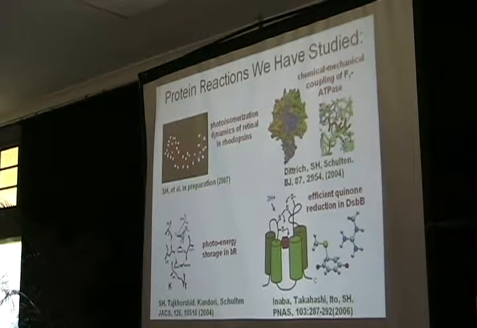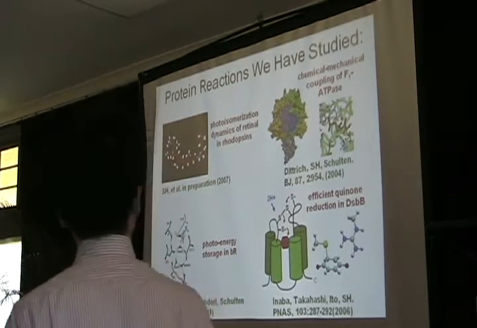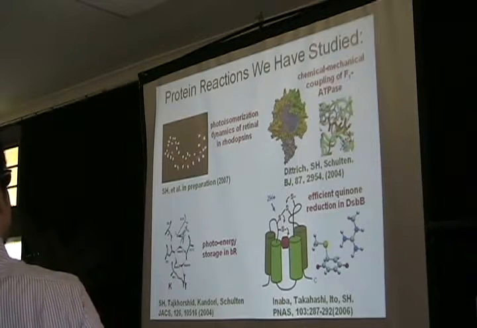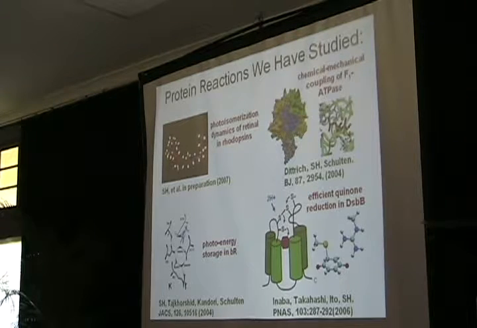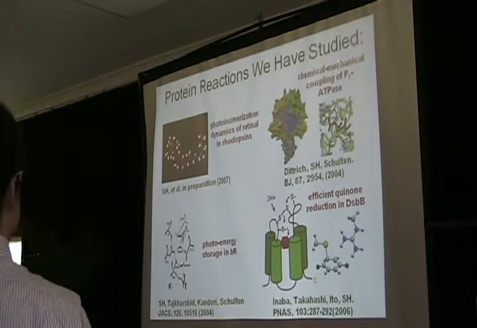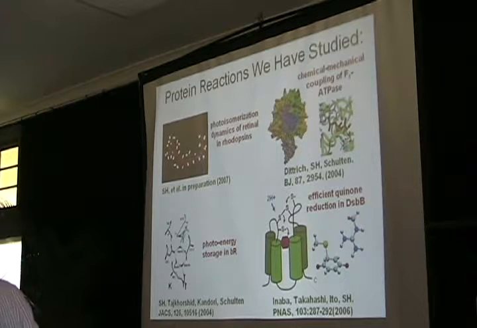Okay, so those are the reaction protein systems we have studied so far. This is F1 ATP synthase. I brought a poster there, and I don't talk about this in this talk. But if you are interested, please come to my poster.